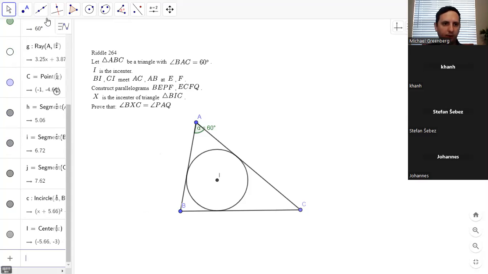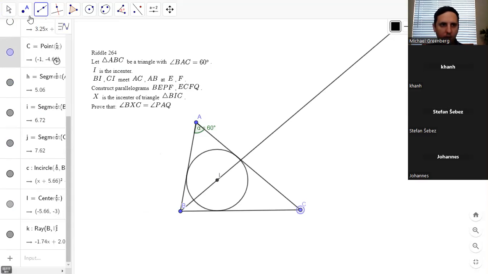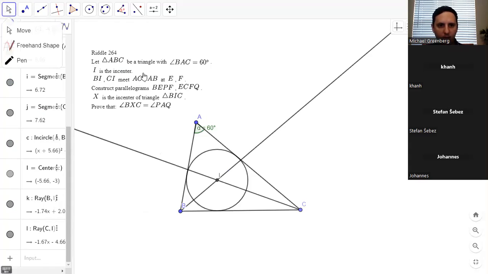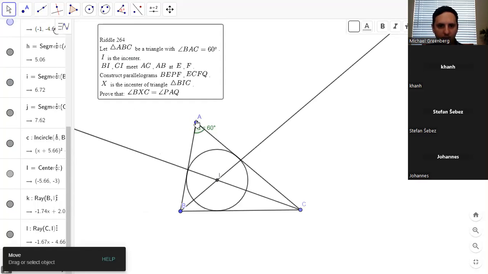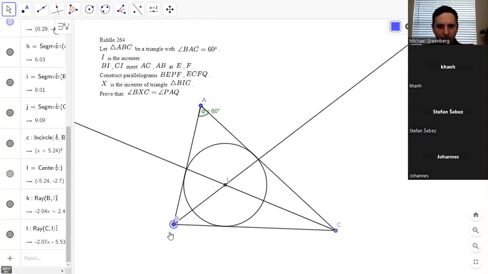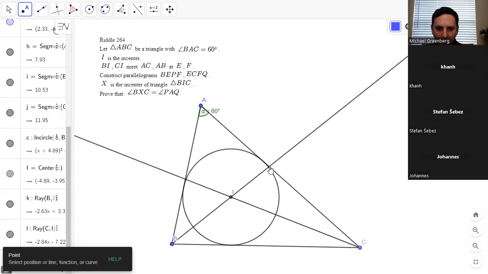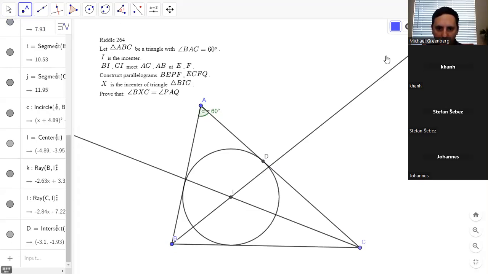And then we'll draw the feet of the angle bisectors, E and F. Whoops. Let's see, I might have to zoom out.